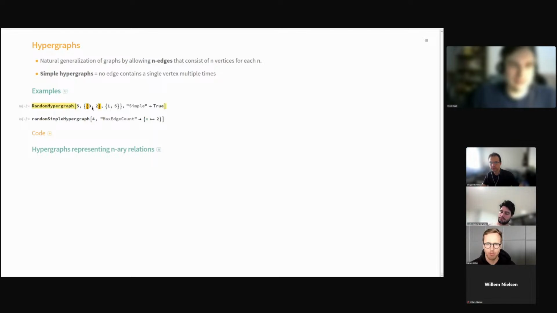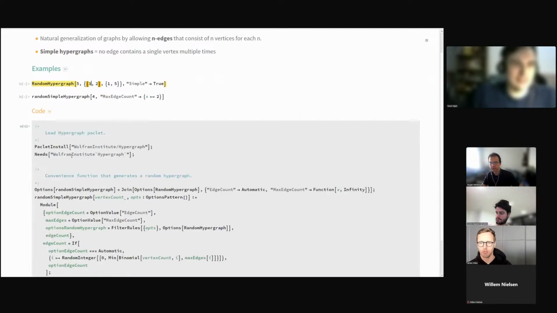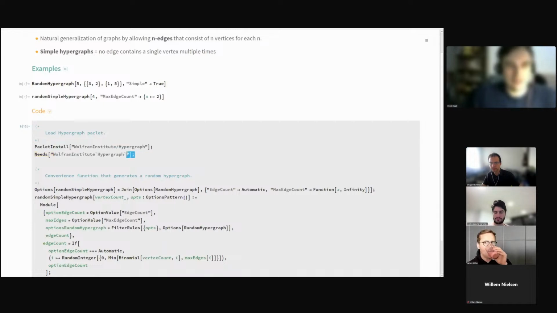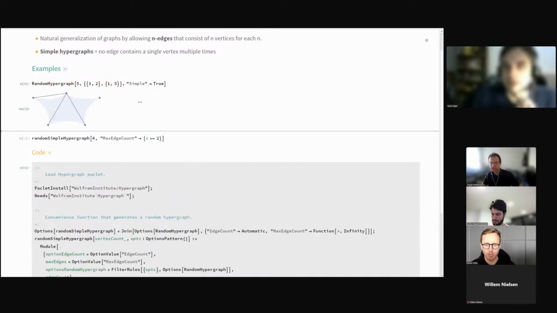To see some examples, I'm using here the Wolfram Institute hypergraph booklet by Carlos and Nick, and they have this function RandomHypergraph, which can generate a random simple hypergraph with three 2-edges and one 5-edge.